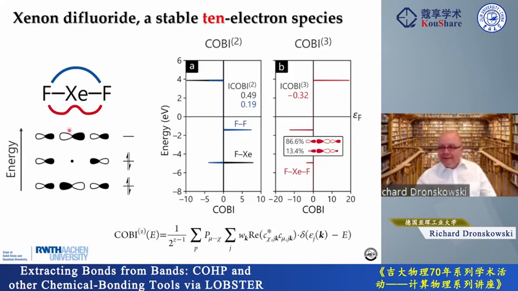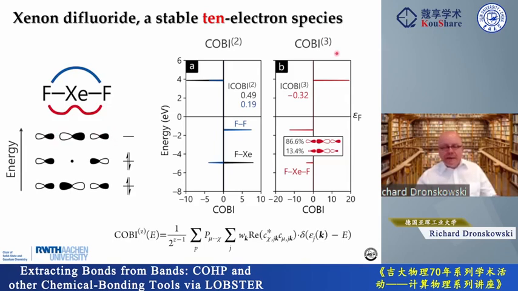But since this is a 10 electron species, you not only find two-center interactions, you also find three-center interactions. And this is shown here in red, a three-center interaction. And this three-center interaction is bonding because this is bonding here and this is bonding here. Also here, a three-center interaction, and an anti-bonding three-center interaction here. This is anti-bonding, this is anti-bonding as well.